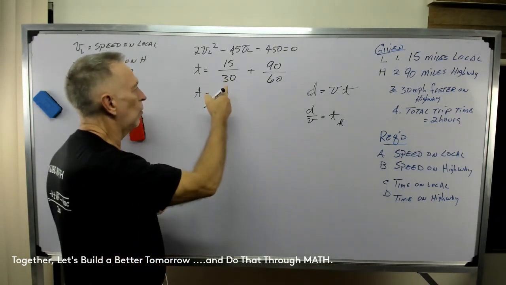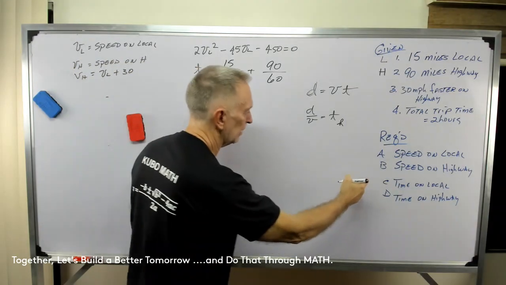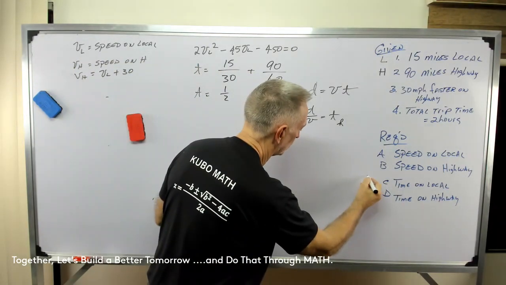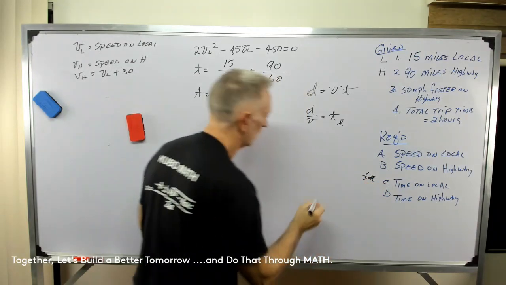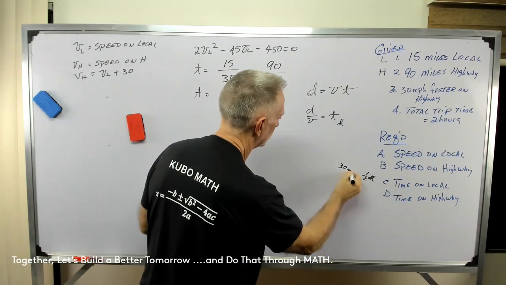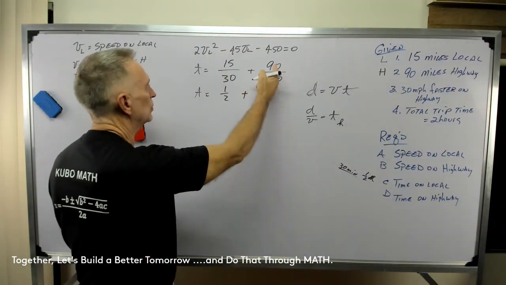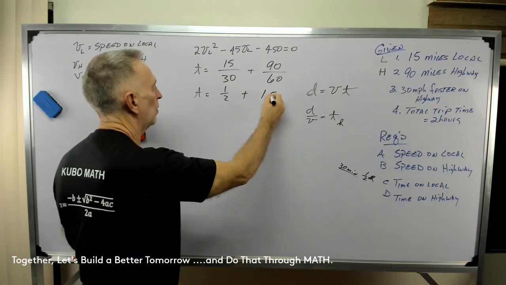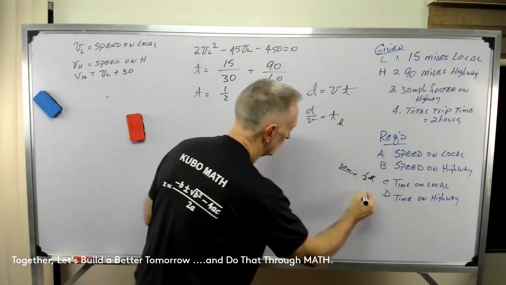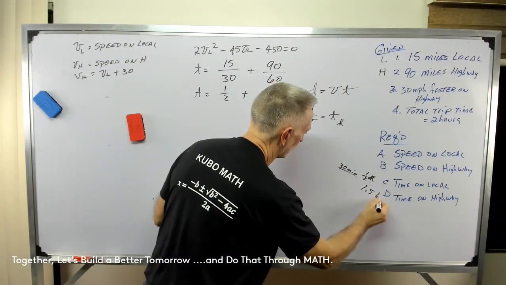So the time on the local road was 1/2 hour. That's 30 minutes. Time on the highway was 90 over 60. That's 1.5 hours.